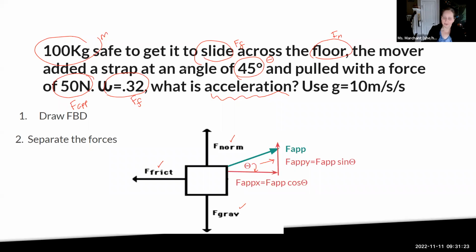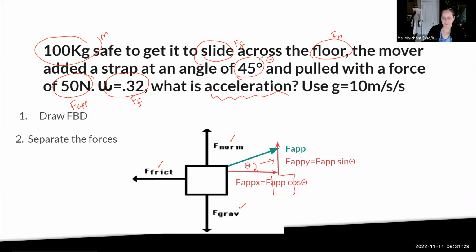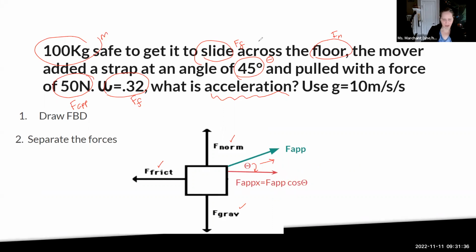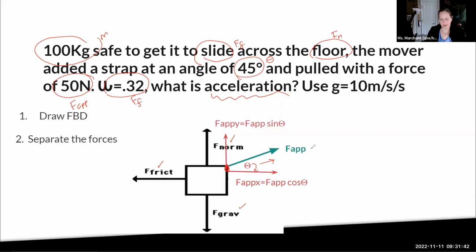Now, this is totally legitimate to draw your triangles, but technically there is no body there at the end of this arrow. So in real life, we would actually shift that arrow over to the actual acting point over here. So when you look at it in the textbook, you're going to see it more like this with the resultant force in between the X and Y. And that is typically how it's done in physics class.